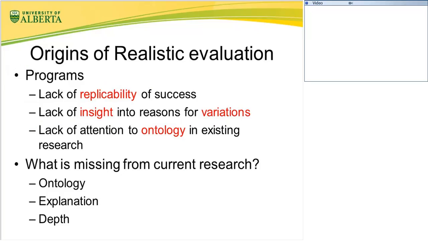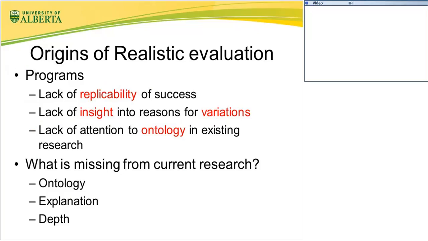Realist evaluation had its origins in the lack of replicability of success of intervention work. Often interventions that are successful in one setting aren't successful in another, and we don't necessarily know why. And we have a lack of ability in our research methods to generate insights into reasons for these variations.